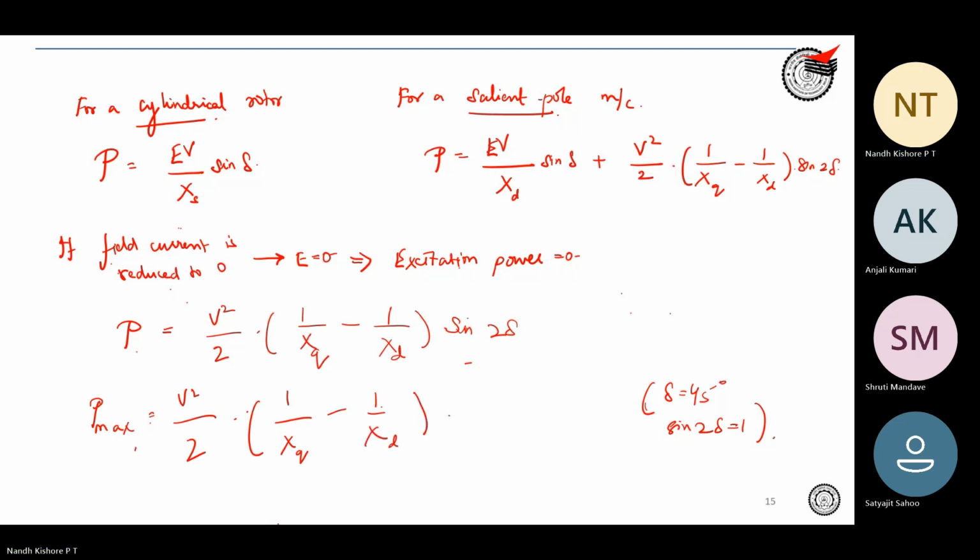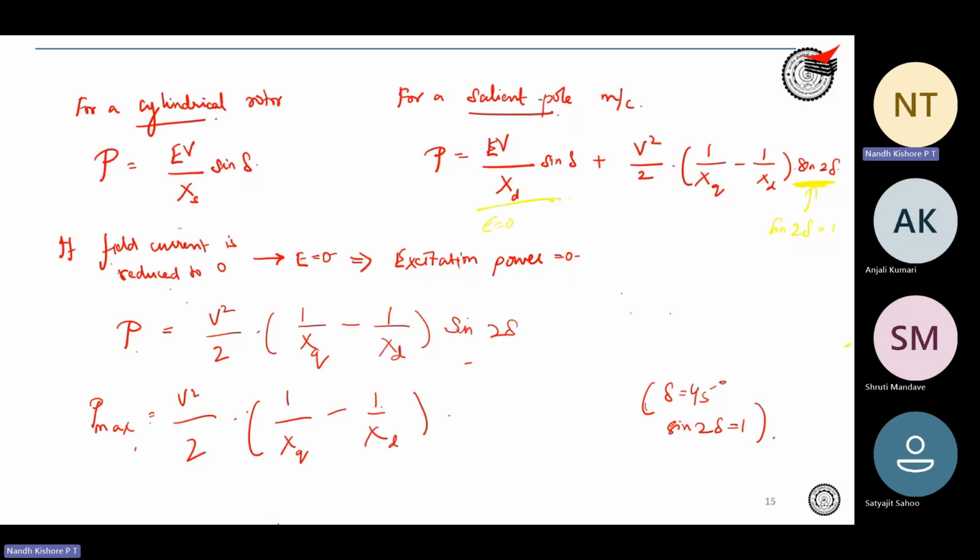Just what we have done is sin 2 del equal to 1 in this particular component, and E is equal to 0 in the other component.